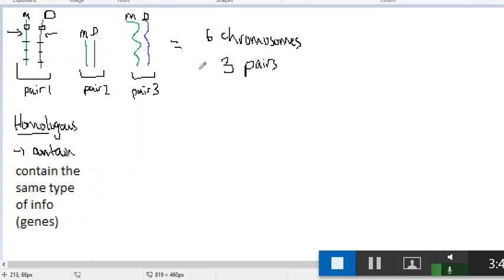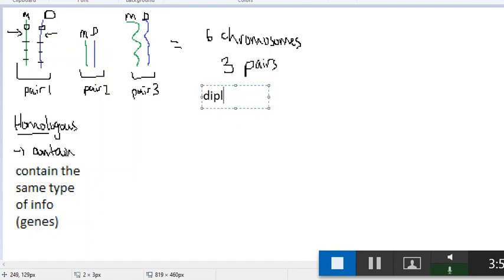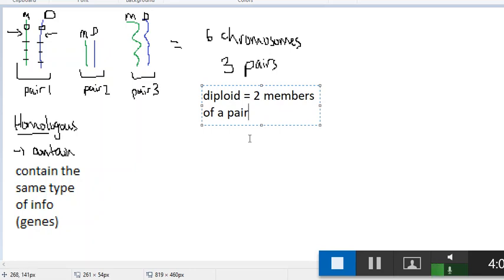If you have an organism in this case that has 6 chromosomes or 3 pairs of homologous chromosomes, we call this number diploid. So I'm going to go ahead and write that. And diploid means that you have 2 members of a pair. You have 2 chromosomes in the pair.